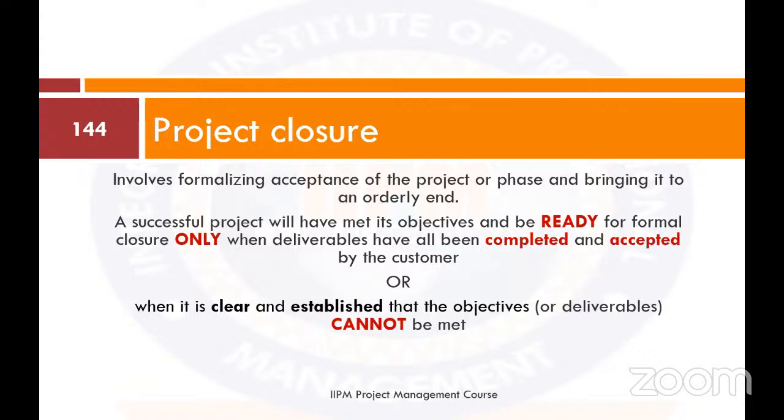A successful project will have met its objective and be ready for formal closure only when the deliverables have all been completed and accepted by the customer, or when it is clear and established that the objectives or deliverables cannot be met. Then in that case, you can also close.